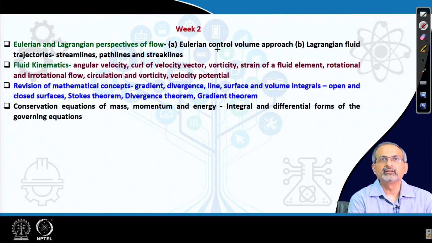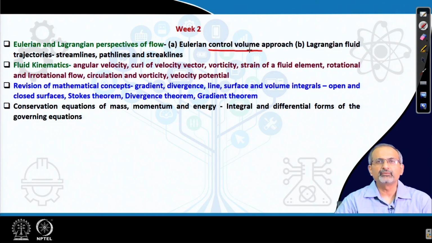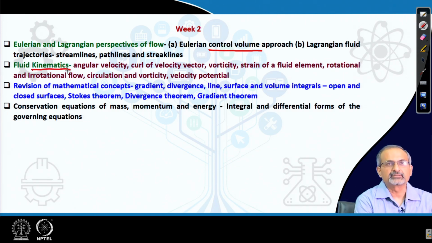In the Eulerian perspective we learnt about the control volume approach, and when we looked at the Lagrangian perspective, we looked at how we could follow the fluid particles as they move through the flow field. Thereby, we learnt about fluid trajectories, the concepts of streamlines, path lines, and streak lines, and then we learnt about the kinematics of the flow.